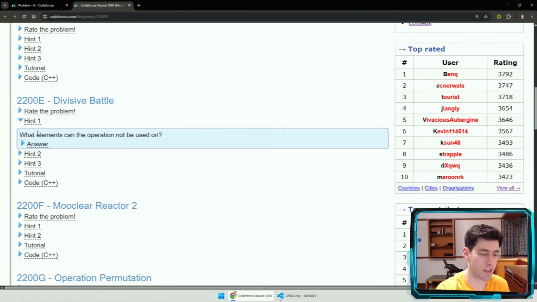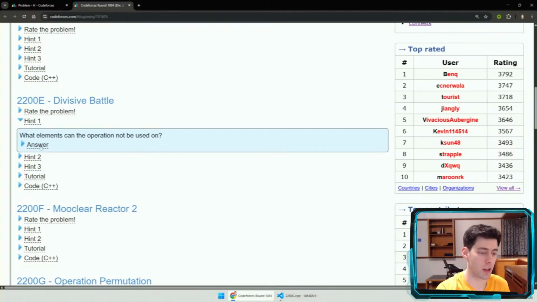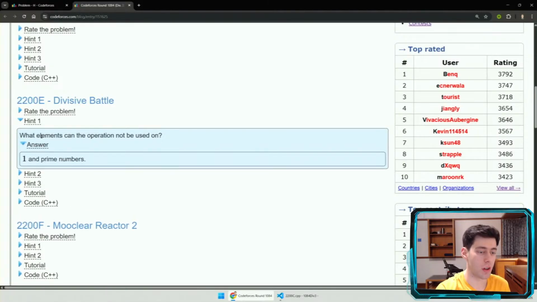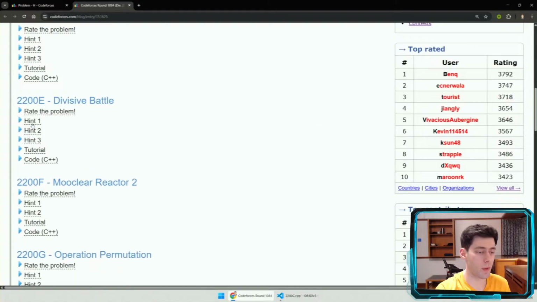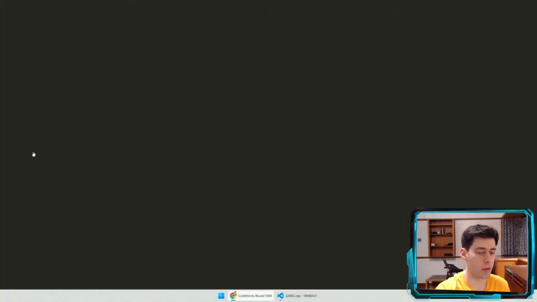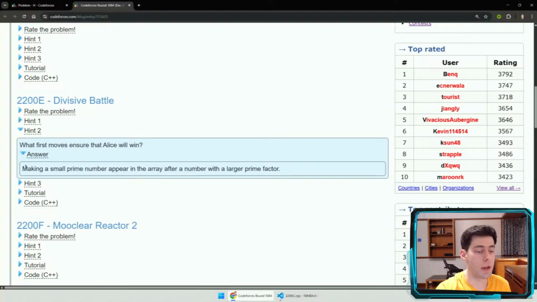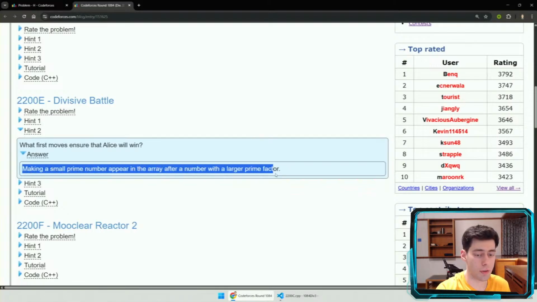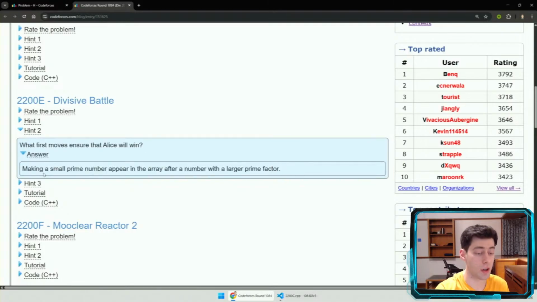I've never seen so many different cases arise naturally. So yeah. Whoa. Making a small prime number appear in the array after a number with a large prime factor. Yes, that ensures that Alice wins. That is the key play for Alice. Making a small prime number appear after a number with a larger prime factor.